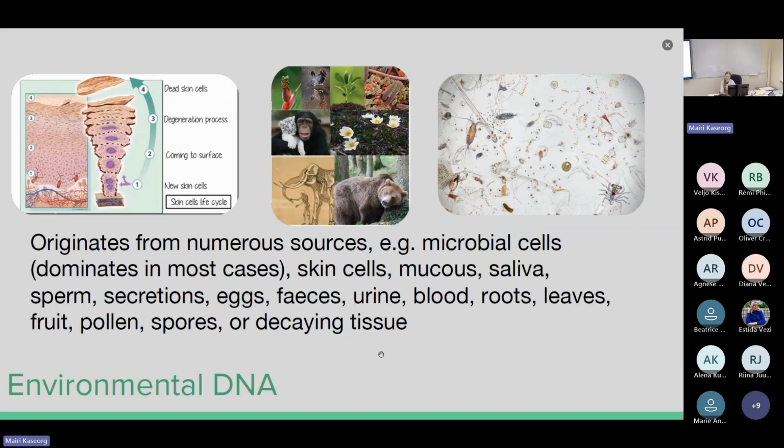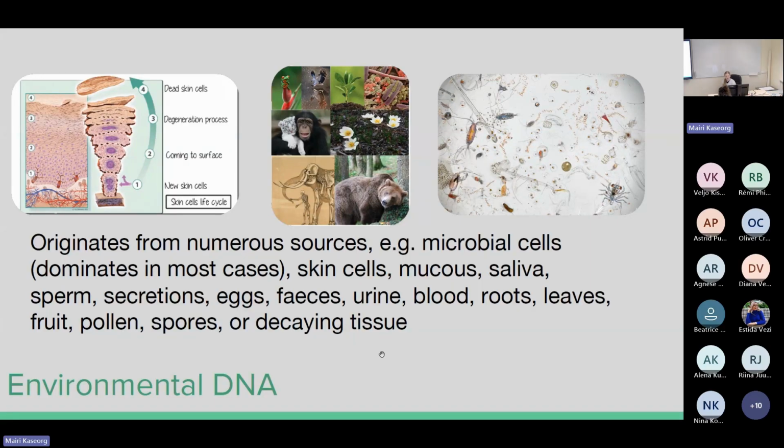And so where does the DNA in these samples end up coming from? A lot of it is microbial cells, of course, just because they're so numerous everywhere around us. But everything that lives in the soil or lives on the soil and then becomes part of the soil afterwards can be in these samples.